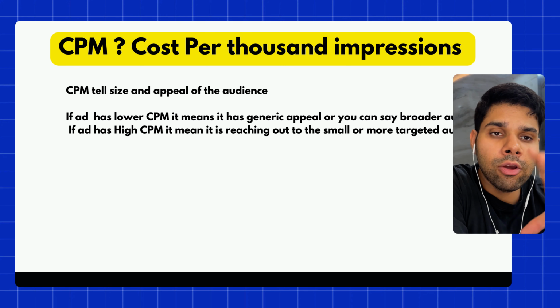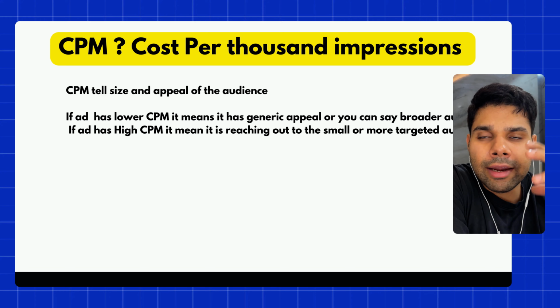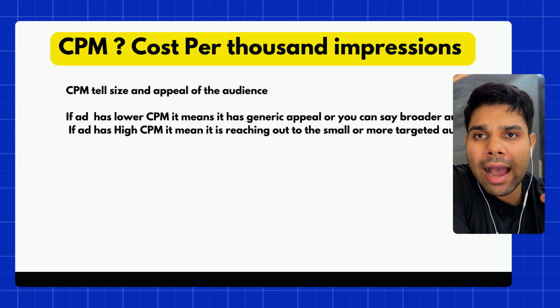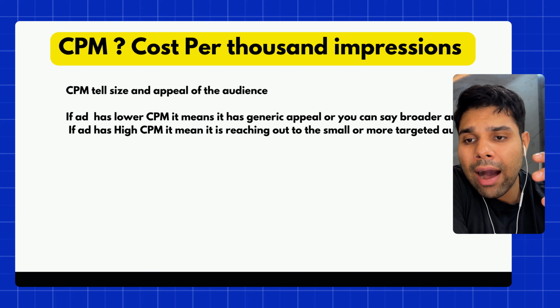Generally what people tell you is to look at CPM. If the CPM is high, it means that your ad is not good, or your ad is not up to that mark, right?